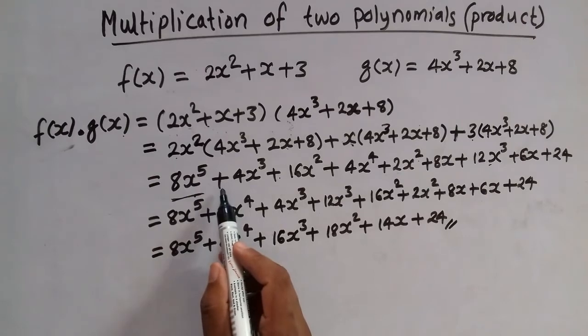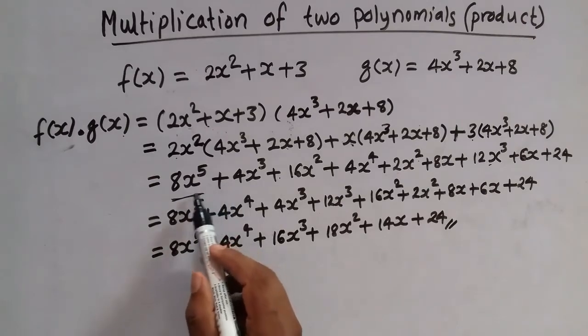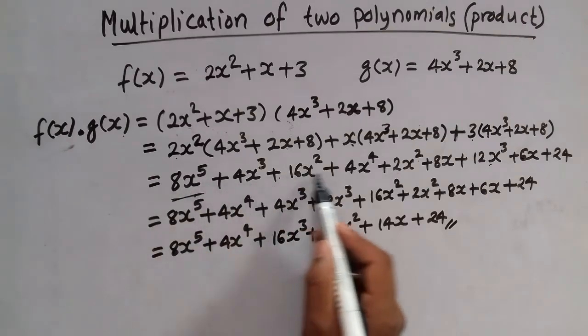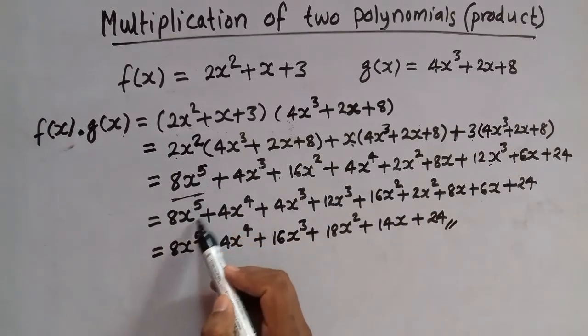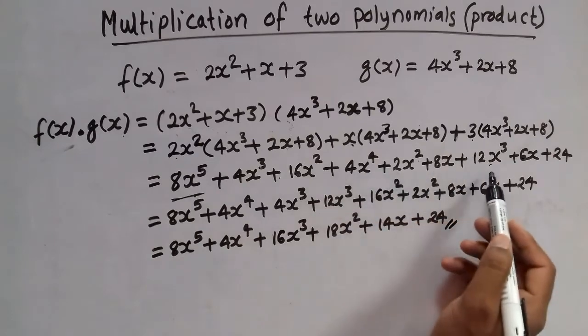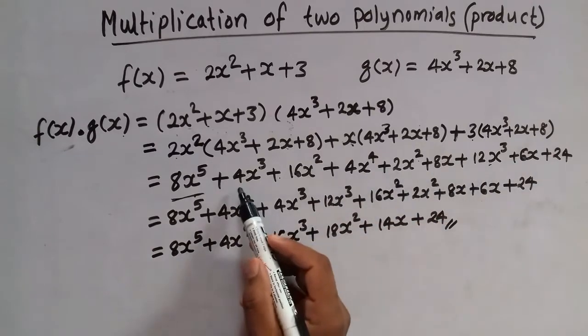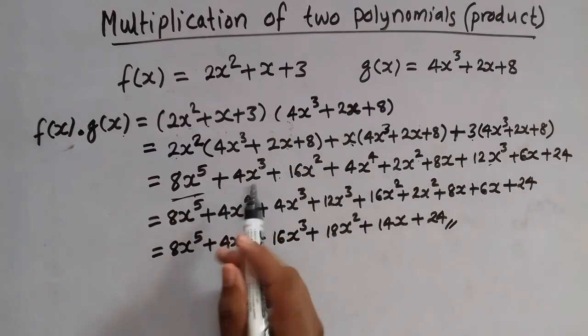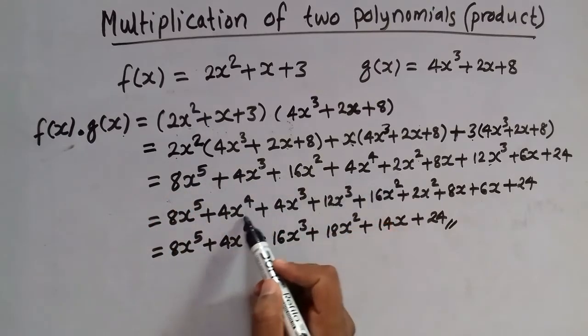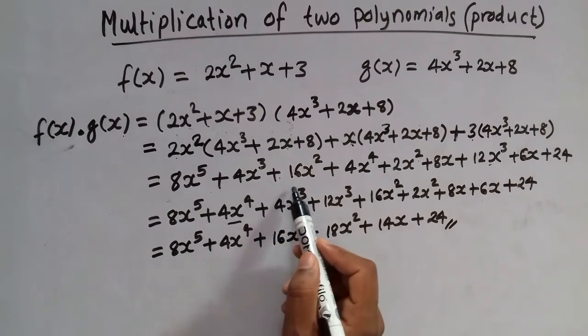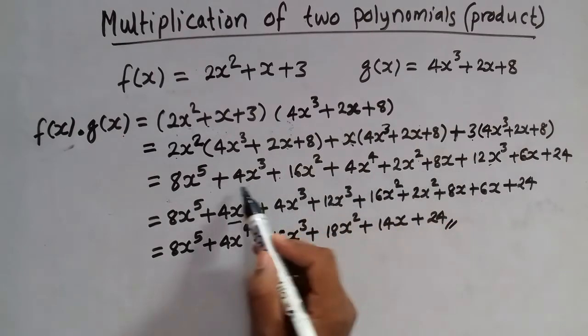After this we have to arrange the like terms. Here at first it is better to write the variable containing the highest power. The variable containing the highest power is this 8x5, so I have written here, and there are no other terms containing x power 5. After that the lower power is x power 4 here, so I have written here, and there are no other terms containing x power 4.